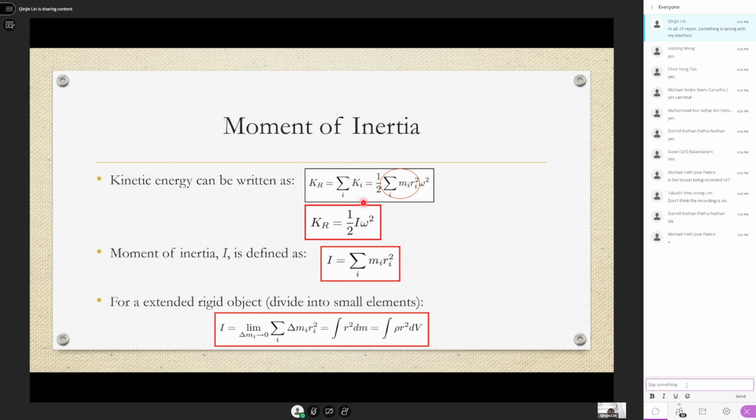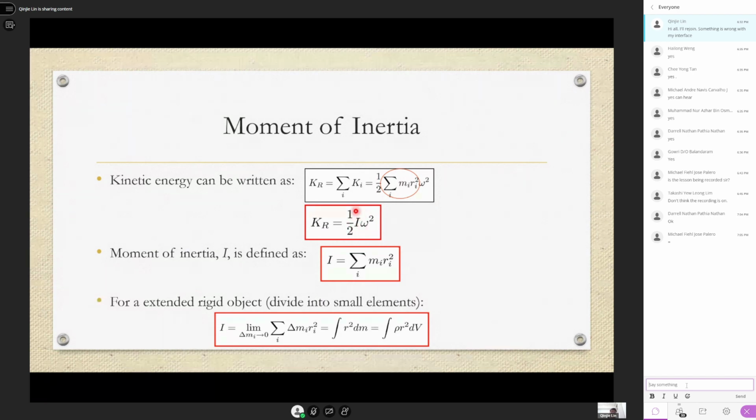Because for the linear part it is half mv squared, correct? Then for rotational objects, the kinetic energy will be half I omega squared. So you see, v is analogous to omega, but m will be analogous to this new letter here.